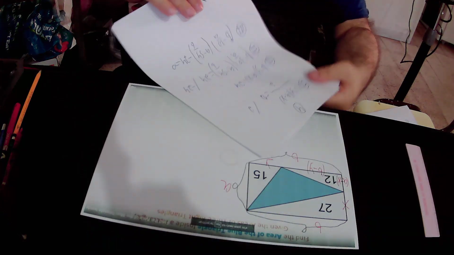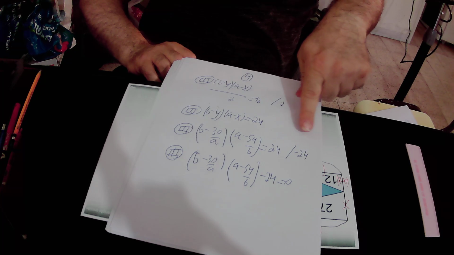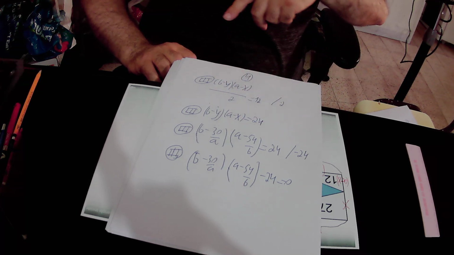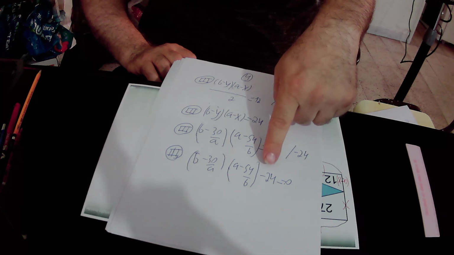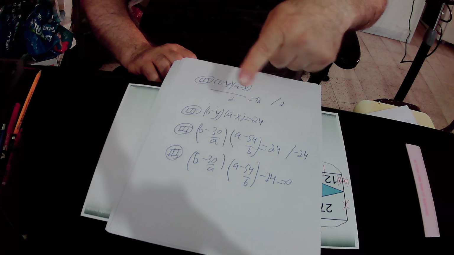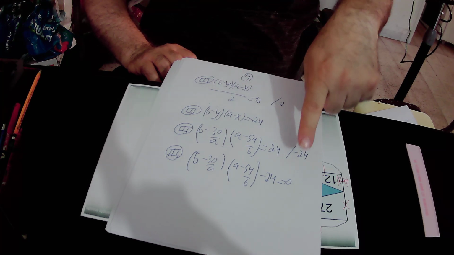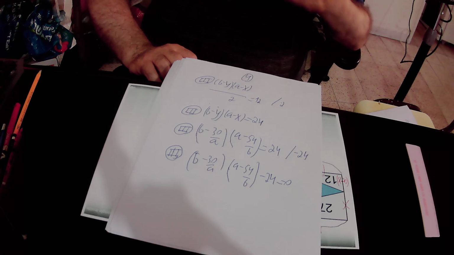So we subtracted 24 from both sides of the equation. We got minus 24 here because we subtracted 24 from this side of the equation, and it equals 0 because 24 minus 24 equals 0.